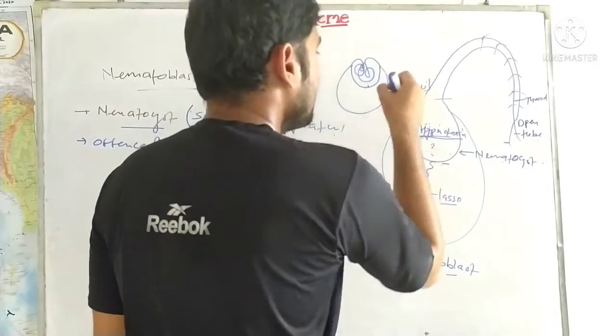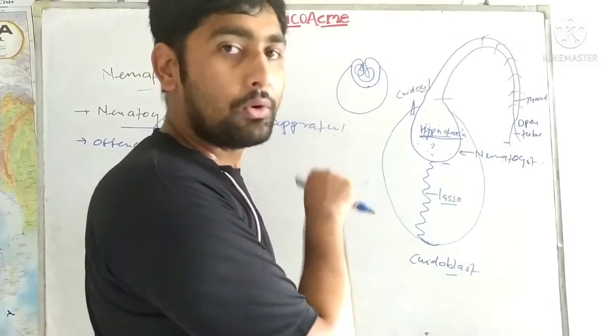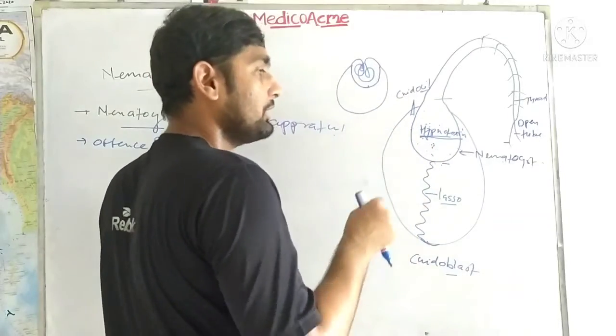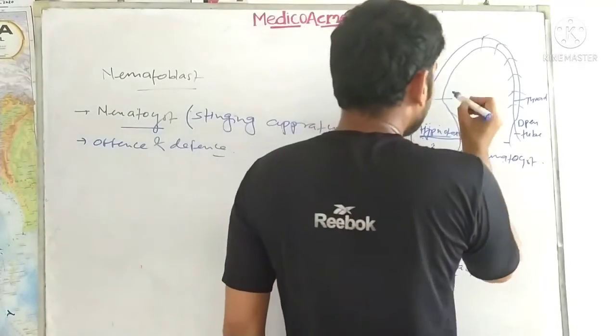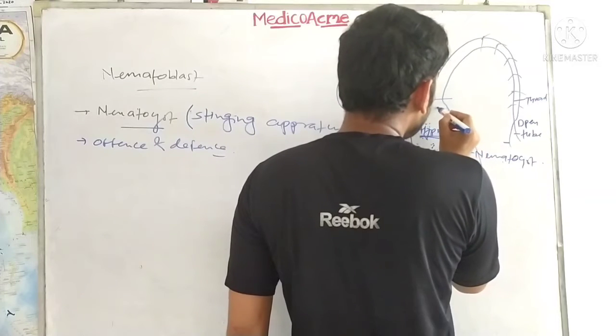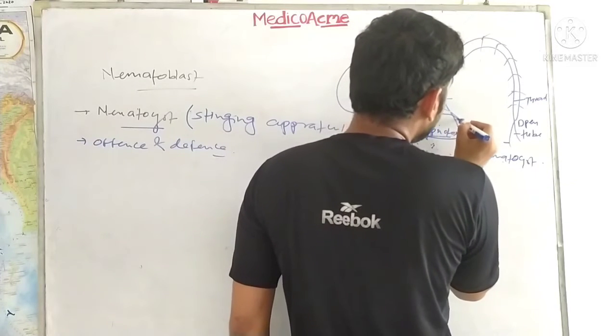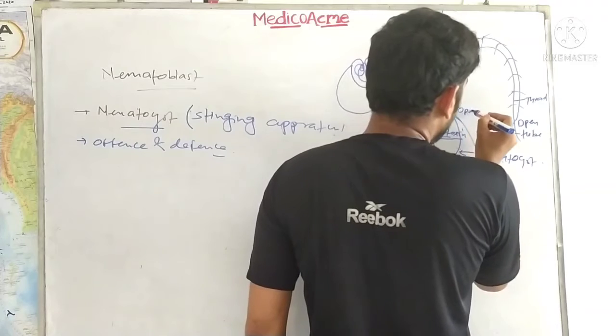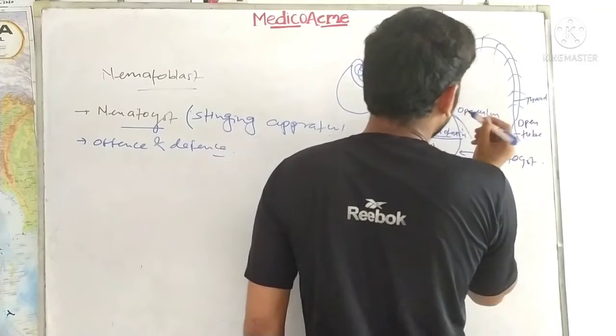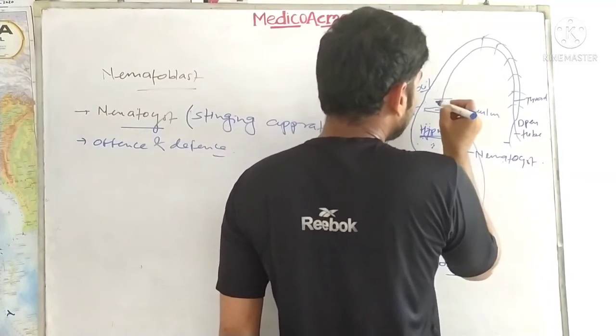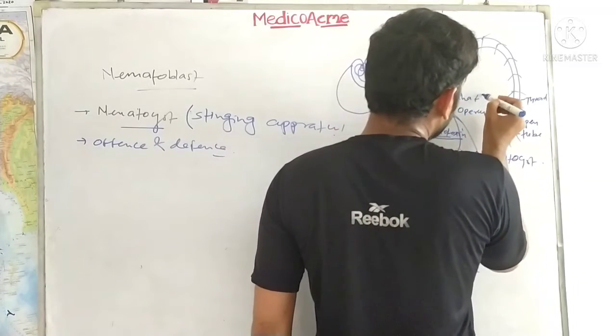So this is for anchoring with the host, or you can say the predator. So guys, this structure here is called the operculum.